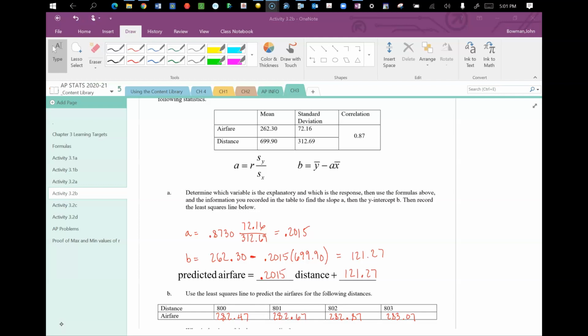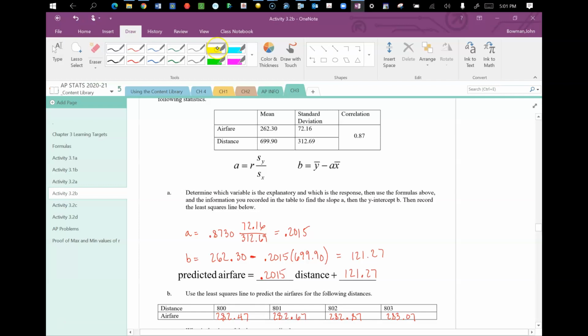And what you'll see here is that the predicted cost for an 800-mile flight is $282.47. If you add a mile, that cost goes up by approximately 20 cents. If you add 2 miles, it goes up by another 20 cents. And if you add another mile, it goes up by another 20 cents.